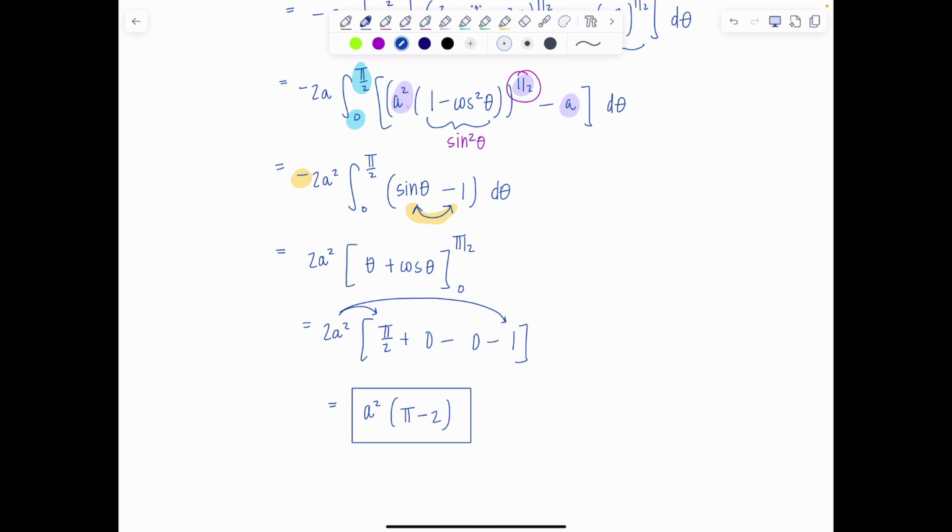So when you did the square rooting of cosine squared theta, you got absolute value sine theta. I replaced this with sine squared, and then it results in absolute value sine theta.